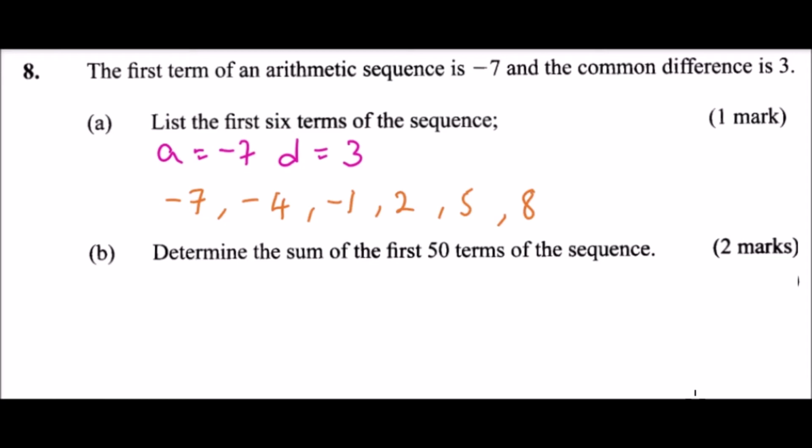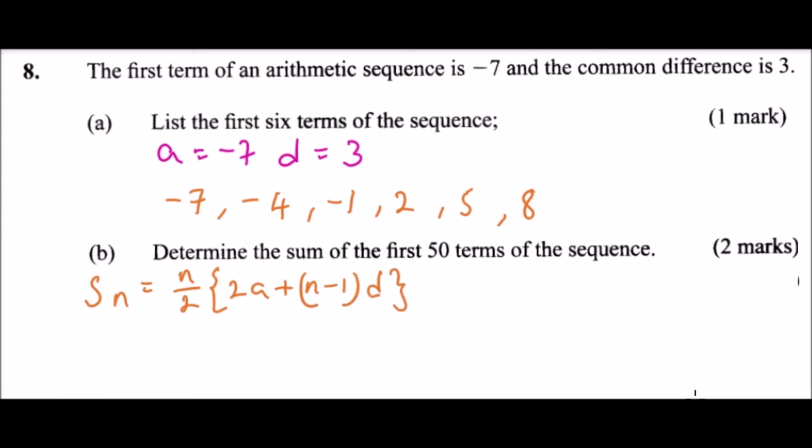Part B, determine the sum of the first 50 terms of the sequence. So the formula for finding the sum of an arithmetic sequence is Sn equals n over 2 times the bracket 2a plus n minus 1 multiplied by d, and you close the bracket.